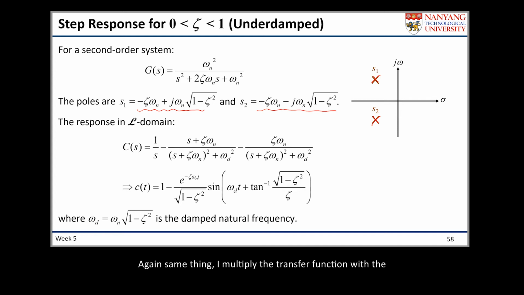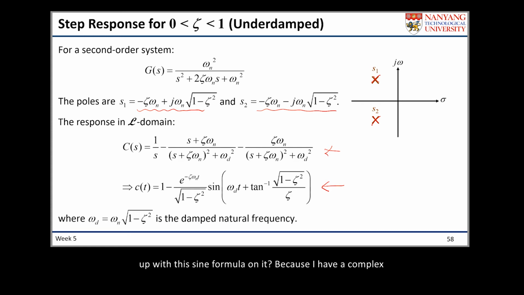Again, same thing. I multiply the transfer function with the step input in the Laplace domain, which is 1 over s. I do partial fraction expansion. This is what I get after the partial fraction expansion, and then I refer to the Laplace table to convert the response to the time domain, and this is the step response that I got in the time domain.